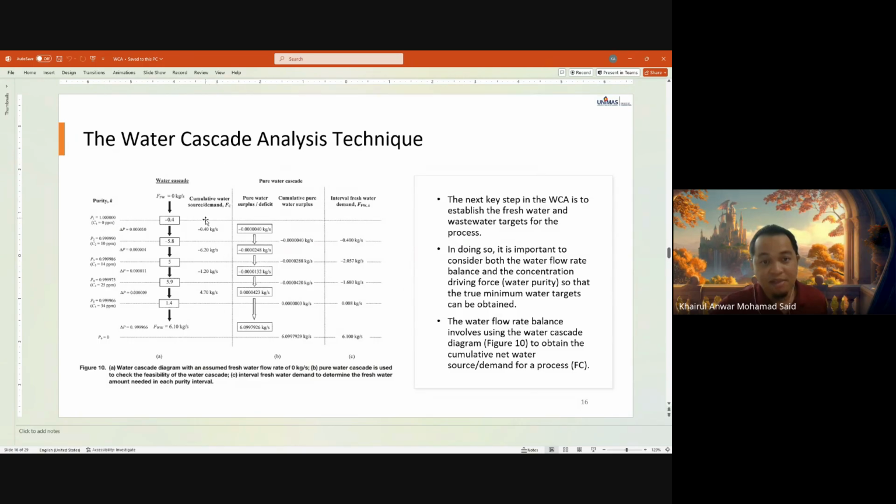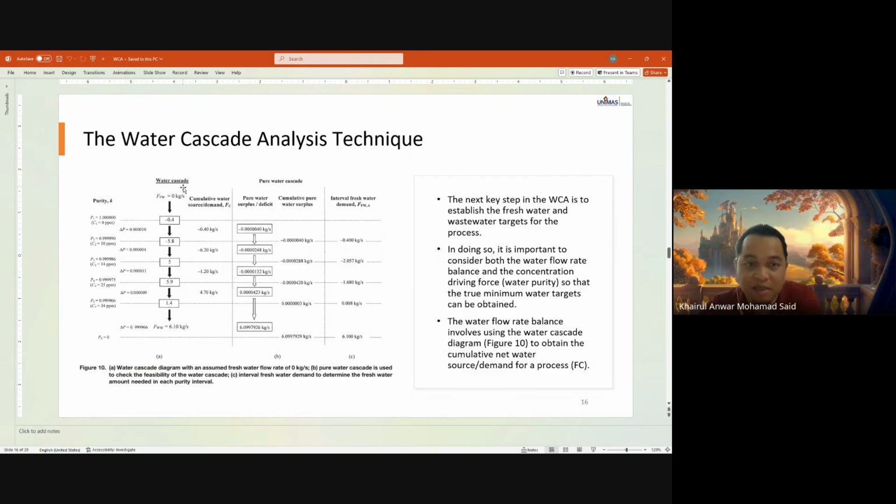So for the cascading analysis, it starts with cumulative water source or demand, FC. The first cascading is here, hence the name cascading, it goes down like stairs. So 0 plus negative 0.4 is negative 0.4, minus 5.8 is negative 6.2, plus 5.